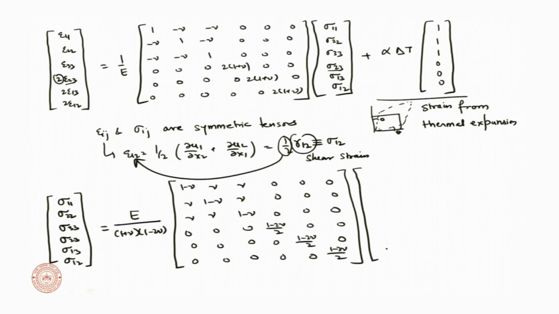This we will multiply with our strain: epsilon 1 1, epsilon 2 2, epsilon 3 3, 2 epsilon 2 3, 2 epsilon 1 3, 2 epsilon 1 2, minus the effect of the expansion, alpha delta T over 1 minus 2 nu.